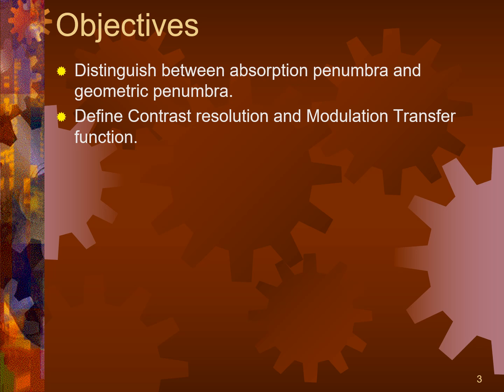So modulation transfer function is, remember in digital imaging, we did frequency processing, and noise is essentially a high frequency object. And so we can do a Fourier transform and suppress high frequencies, and then do a reverse Fourier transform, and then the noise is eliminated.